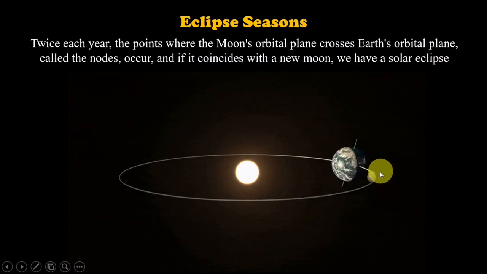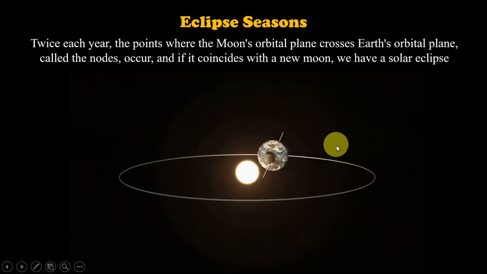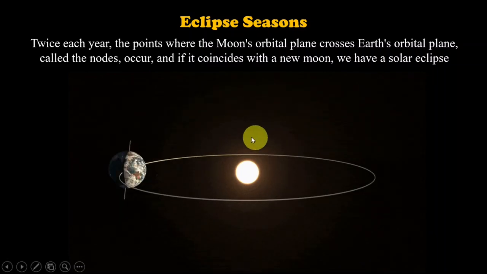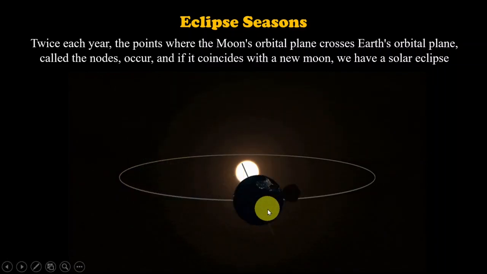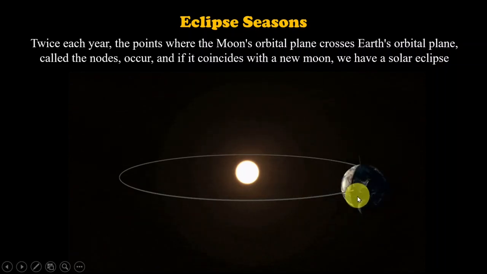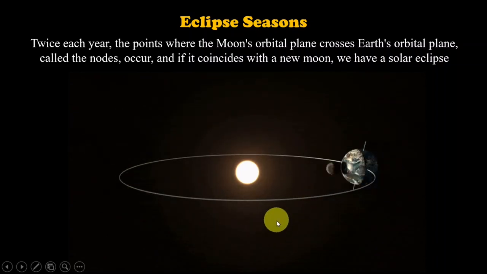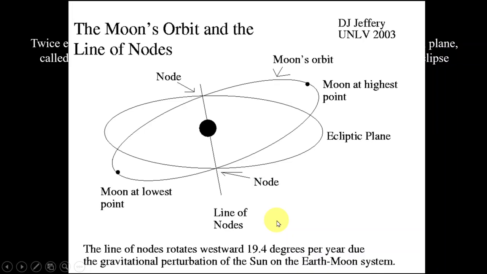As it is revolving around Earth in its orbital plane, that plane at one point coincides with the orbital plane at which the Earth revolves around the sun. That intersection is what we call the nodes. So here is the moon. This is the orbital plane of the moon. This is the ecliptic.